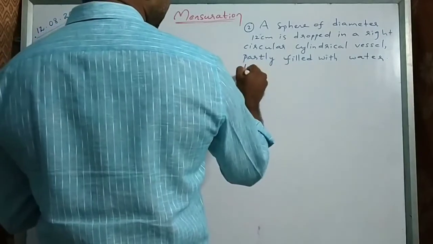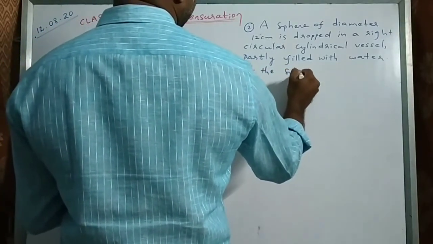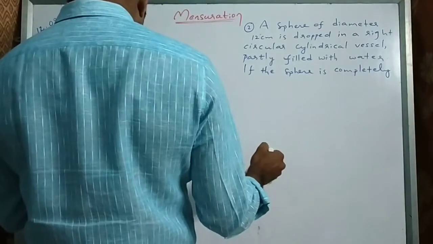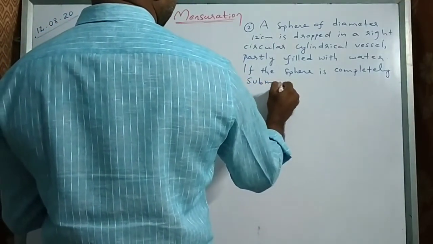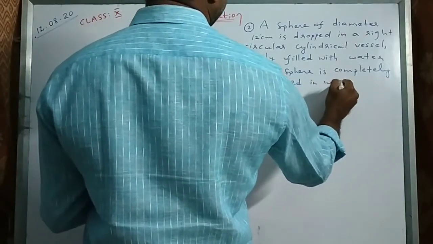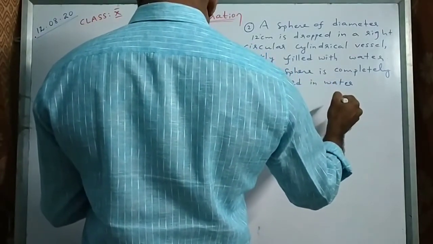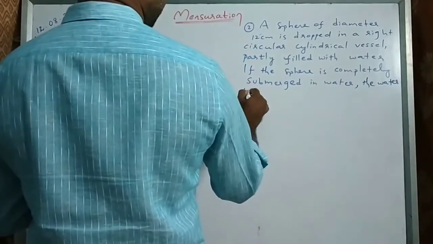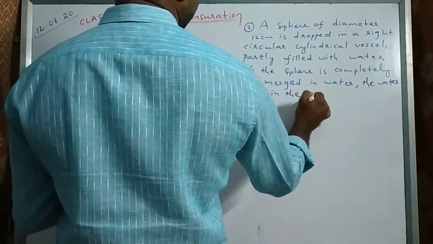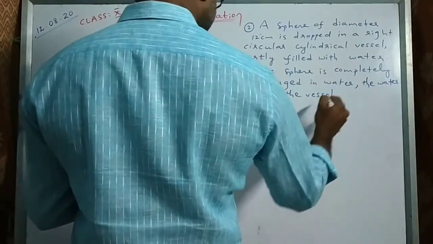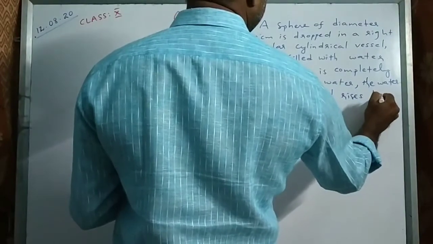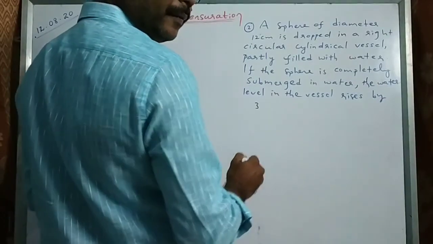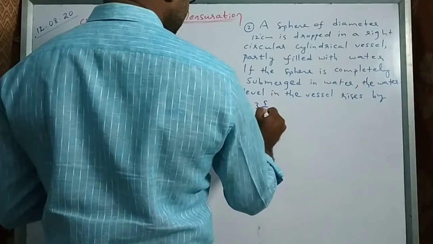If the sphere is completely submerged in water, the water level in the vessel rises by 3 5 by 9 cm.